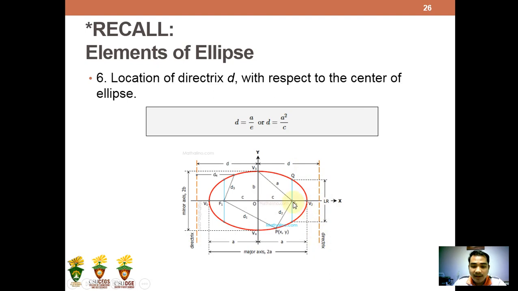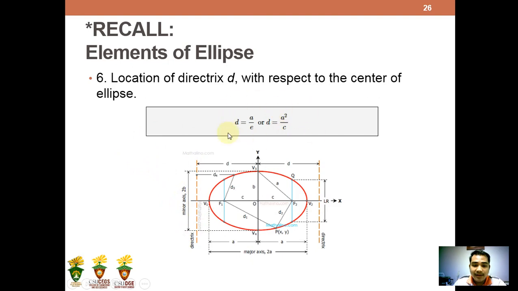Dapat ang iyang F1 to V and V to the location of the directrix must be equal. No? Again, focus padulong sa one of the vertices, and vertices padulong sa directrix or location of the directrix must be equal. No? Same po diri sa PICAS.